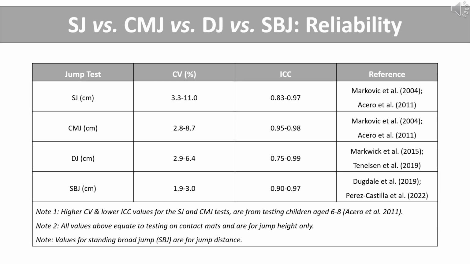So they say that these tests are reliable, but we're only talking about a single metric here, which is jump height. And there's a lot more metrics that we can gather from jump testing nowadays. Equally, the standing broad jump appears to be very, very highly reliable according to Dugdale and Perez Castilla, but ultimately we're only talking about jump distance being measured by a tape measure.